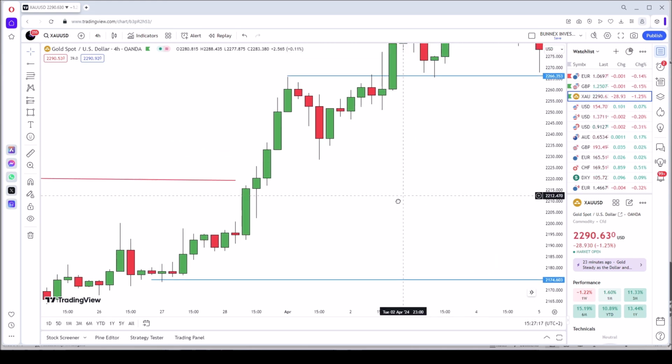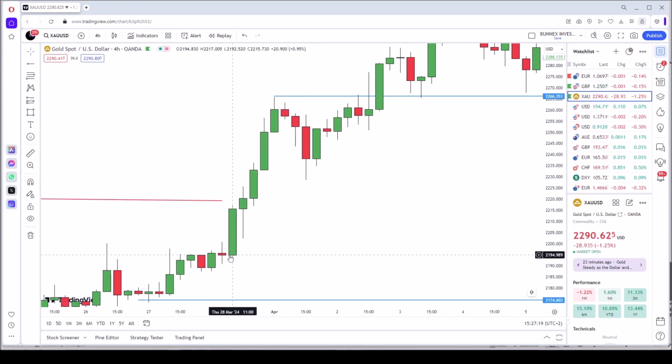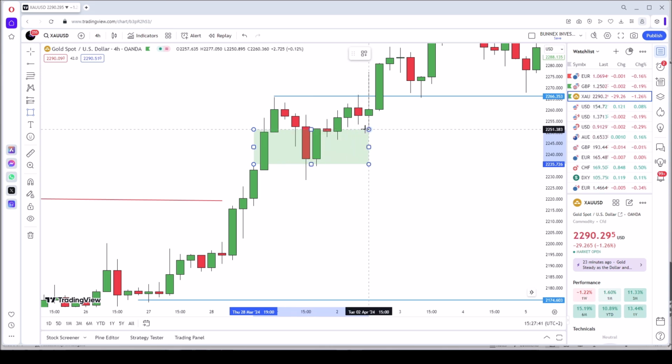Looking closely, we can see that this high interacted with that high. There was no fair value gap. This high interacted with that high. There was no fair value gap. But this high and the low of this candle did not interact together. Therefore, if we are to mark, we can see something like this.